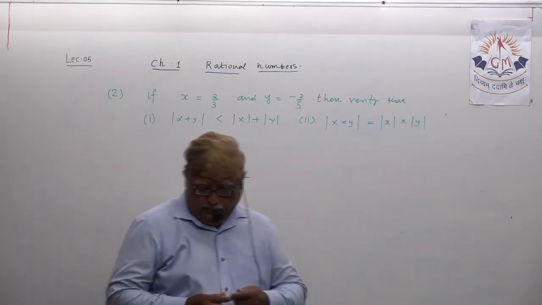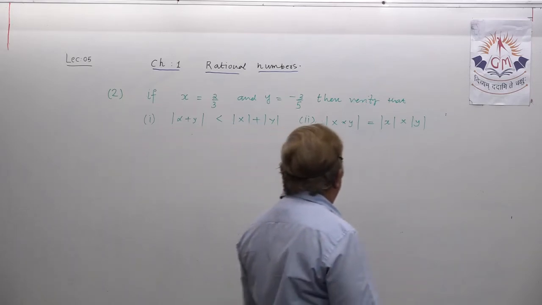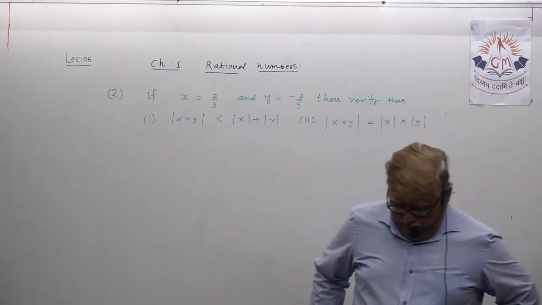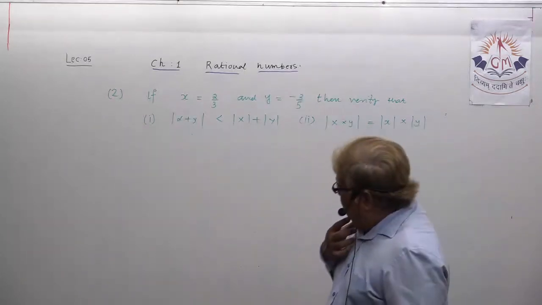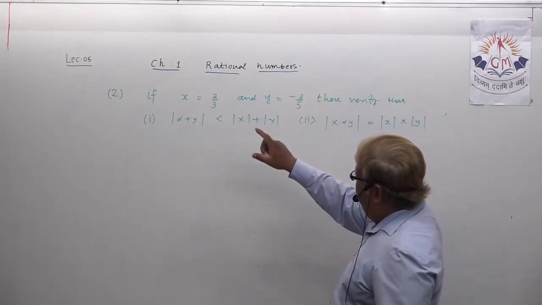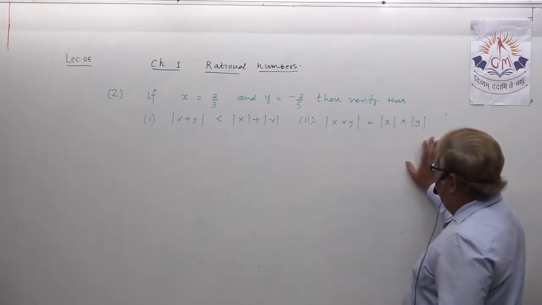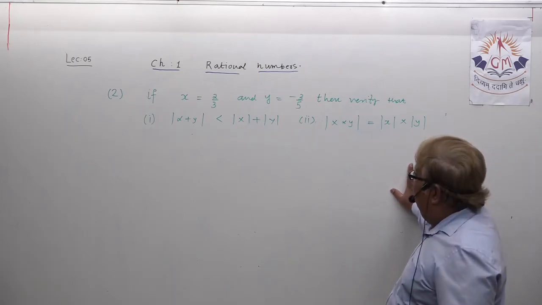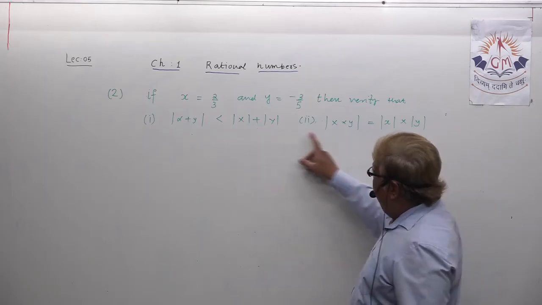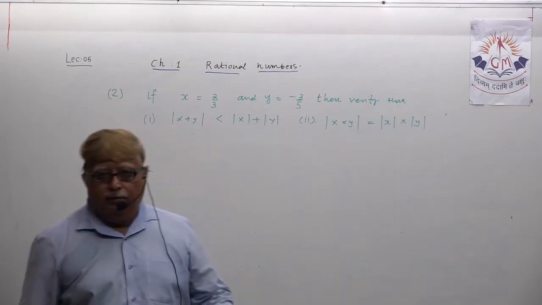First, just write this sum, and then we will solve it. What is given in the sum? I am giving you time to write that. x equals 2 upon 3, y equals minus 3 upon 5. Then you have to verify the two properties which have been given here.